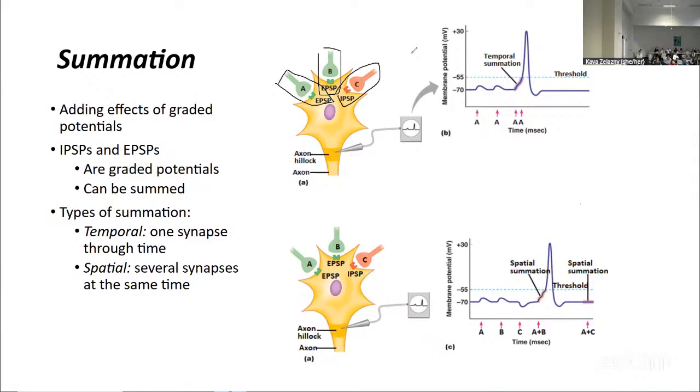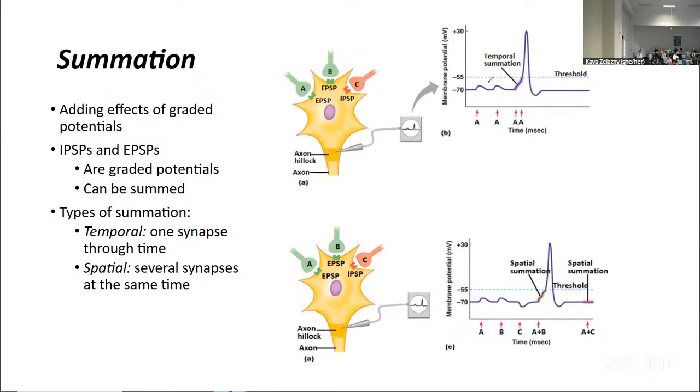So we have multiple synapses here, communication with multiple other neurons, but ultimately we just either fire off an action potential or we don't. So we're thinking about how this all adds together when we get to the axon hillock. We literally just see how they stack together.